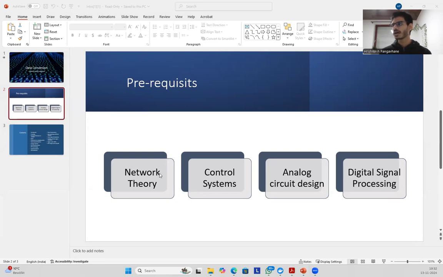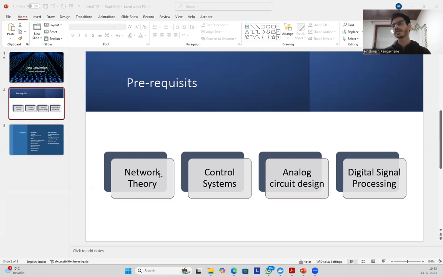We will also require knowledge of analog circuit design, and we will also be looking at a few concepts from digital signal processing. These are our toolboxes, and while designing a system or circuits for data conversion, we will require all the tools from these toolboxes.